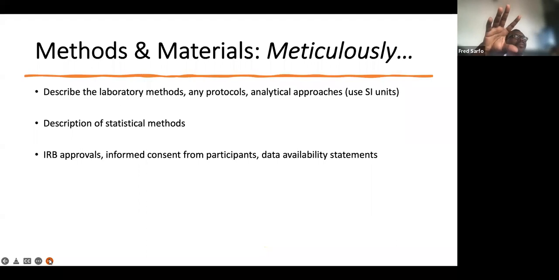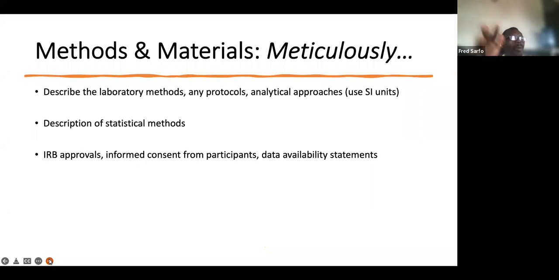But basically, when you're looking at the statistical methods, you want to let us know whether you compared continuous data using means and their standard deviations for variables that are normally distributed, whether you used medians to compare continuous data that are skewed for two groups, and if you are comparing three or more groups, analysis of variance for means, or the Kruskal-Wallis test for comparison of three or more medians.